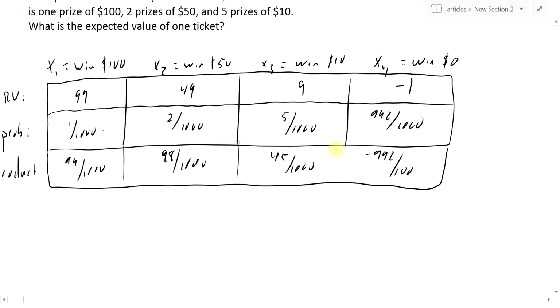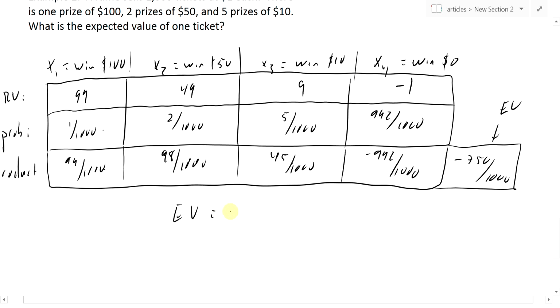Once you have the table for your random variable, multiply down, and then you add up across. So if you add all these together, you end up with -750 over 1,000. So there's my expected value, -0.75.